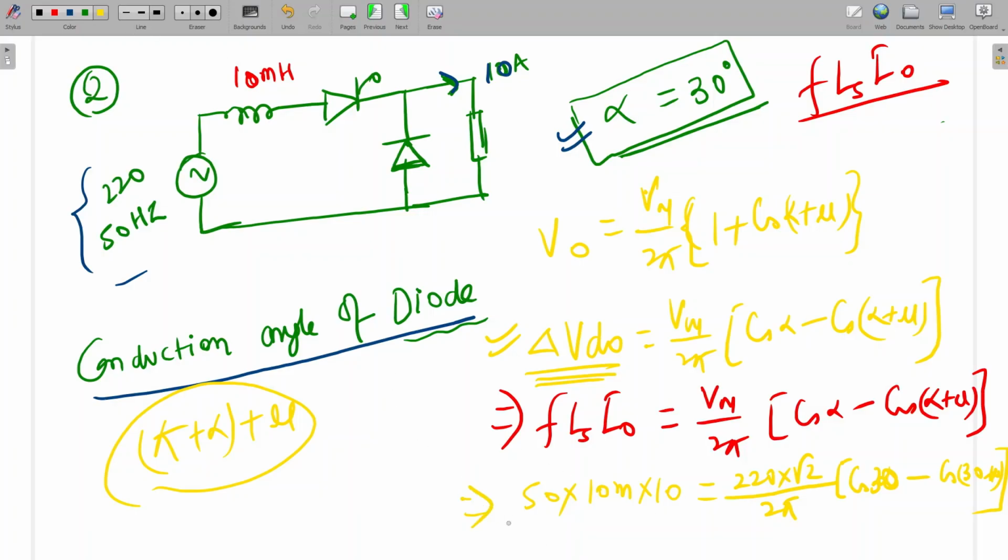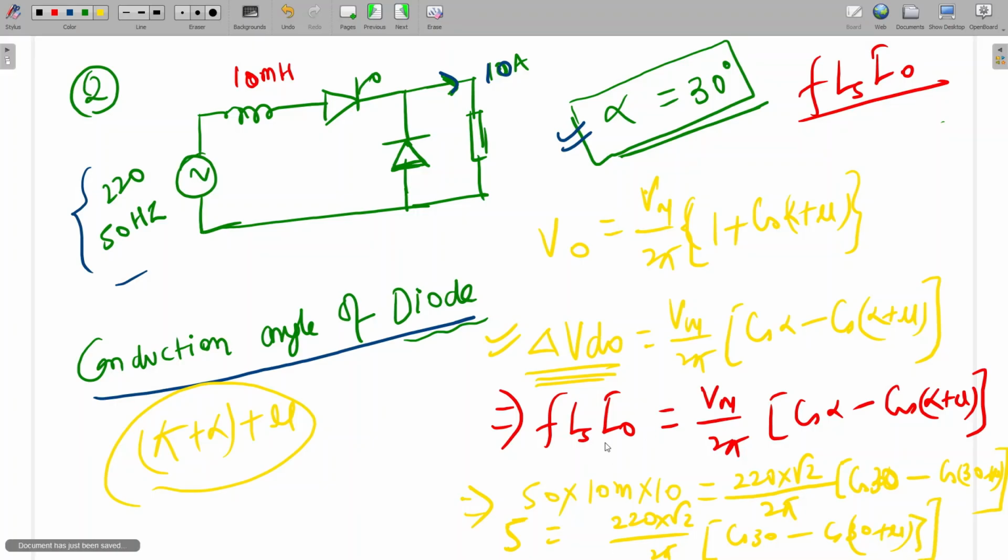So here it will be 5. So 5 should be equal to 220 into root 2 by 2 pi, into cos 30 minus cos of 30 plus mu. Further, I'm going to write this on the next page.